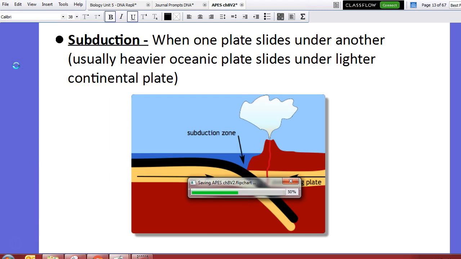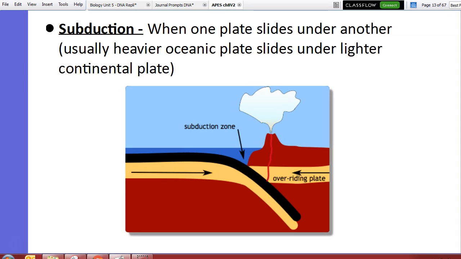So they call this a subduction zone, right, where one plate's going underneath. And then as a result, we usually get kind of like a trench over here.